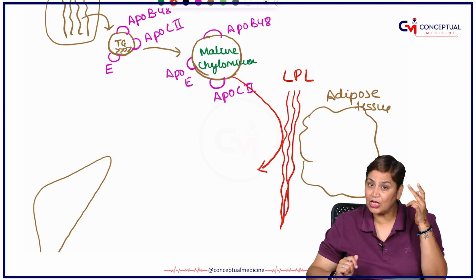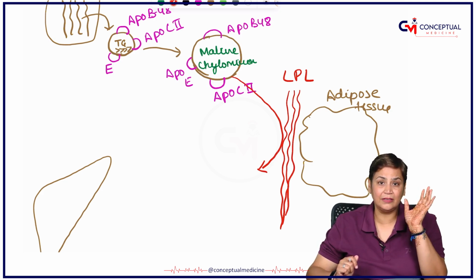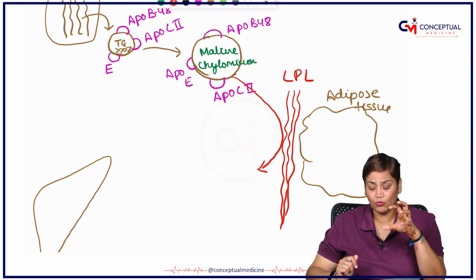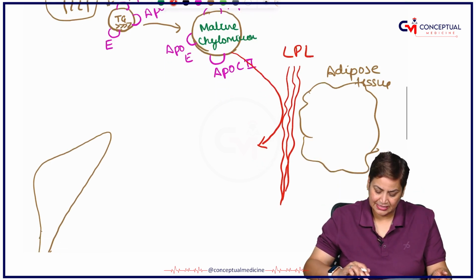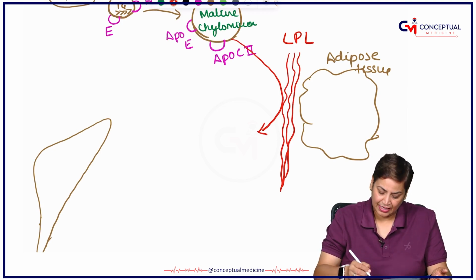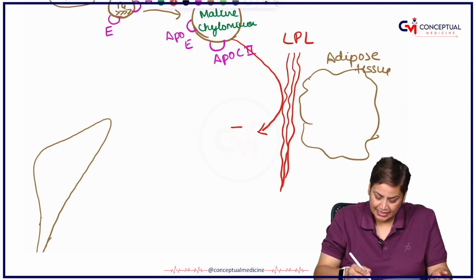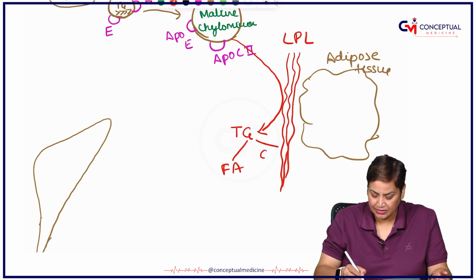Now LPL is already lining the endothelial cells. So what will happen is LPL is going to extract these TGs from the chylomicrons. So what happens here is these TGs will be taken up. So I can say that these TGs will split up into fatty acids and glycerol.